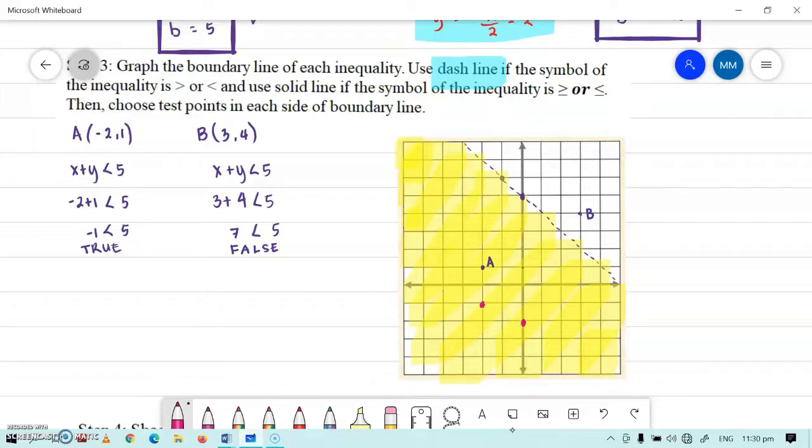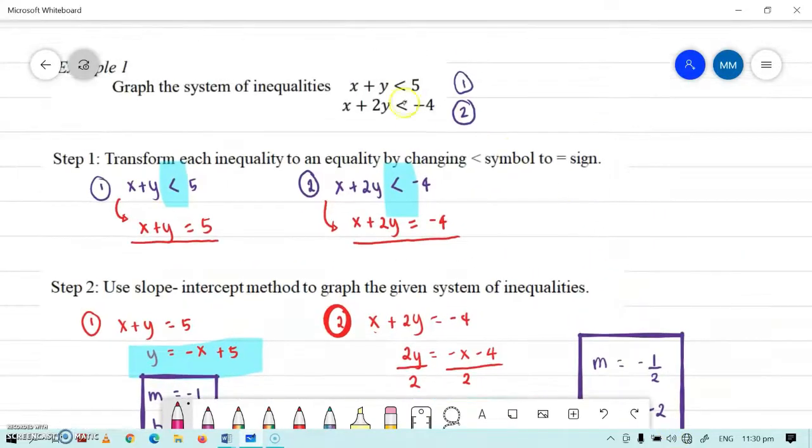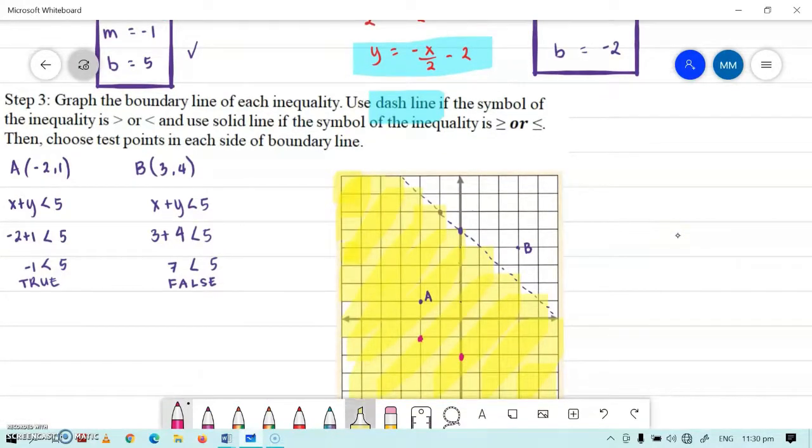But we still have to identify whether we'll use a dashed line or a solid line for the boundary line. Since our second inequality is still less than, we will still use a dashed line. So using dashed lines, let's draw now the boundary line for the second inequality.